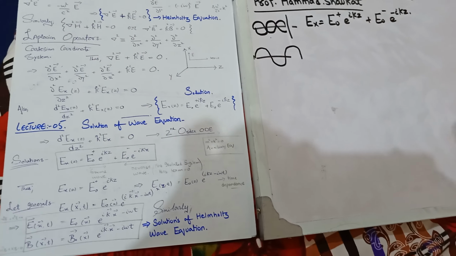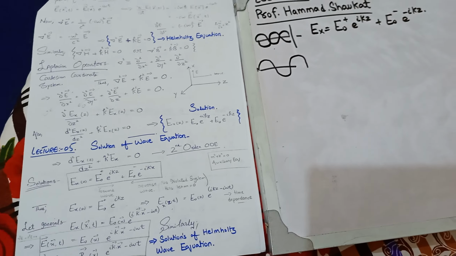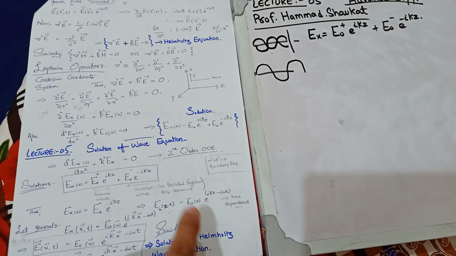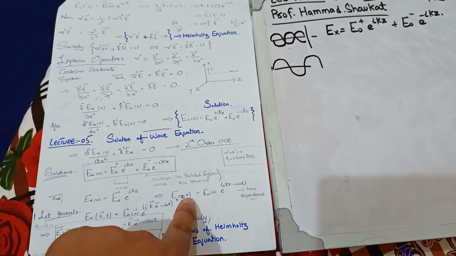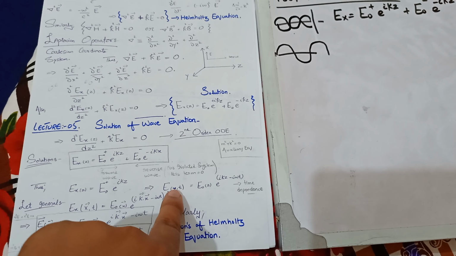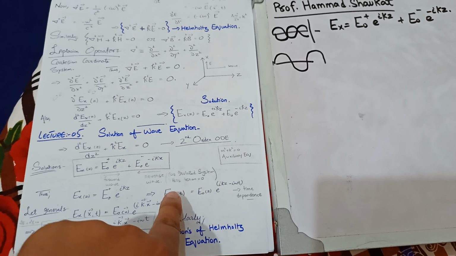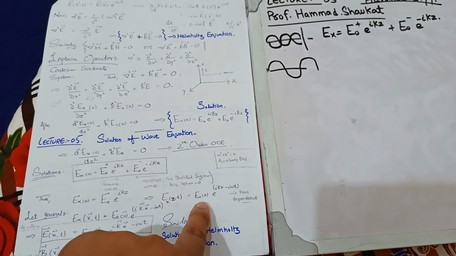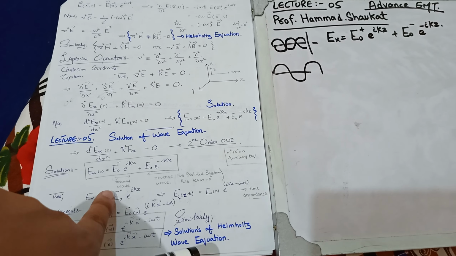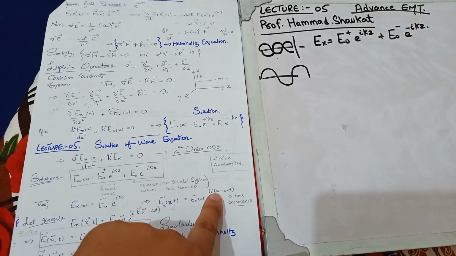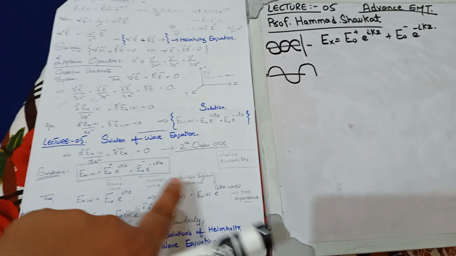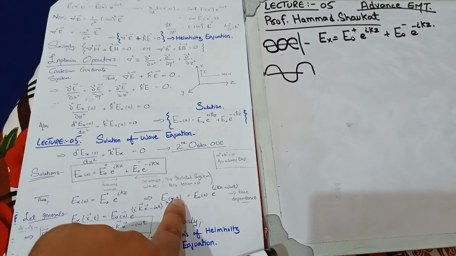But what is the electric field in terms of the time coordinate? There is another formula. Your electric field in the x-axis must be in both space and time coordinates, z, which is the space coordinate, and time. So your electric field in space-time coordinates must equal E naught plus, the amplitude constant, times e power plus iota kz, which you already know.